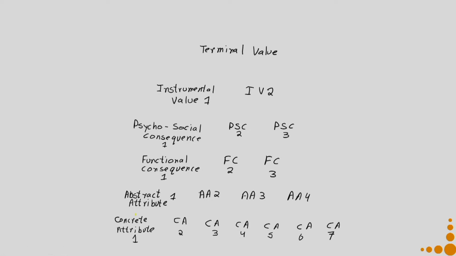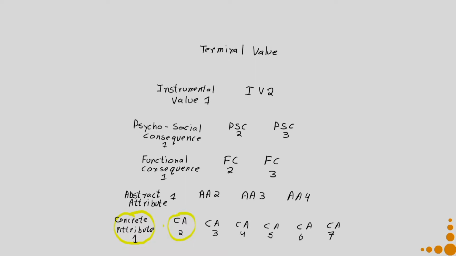If I put them in an organization chart, my concrete attributes come at the first level. Concrete attributes can also be understood as product specification. Say, for example, my water purifier delivers 10 liters of water per hour. That's a product specification, and that is my concrete attribute.